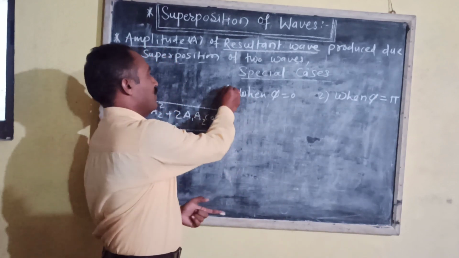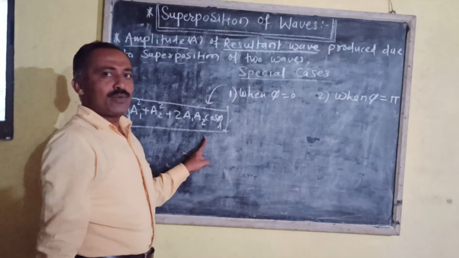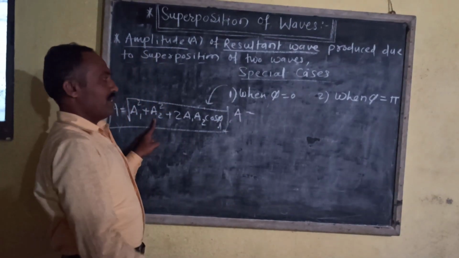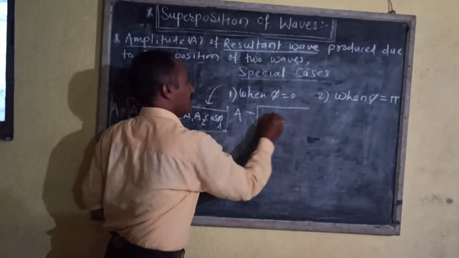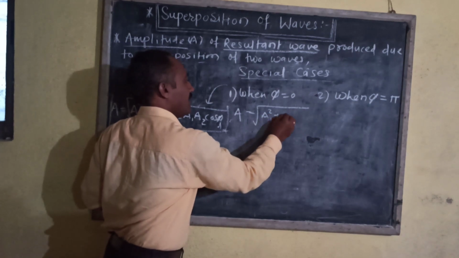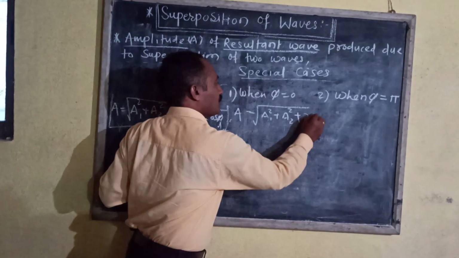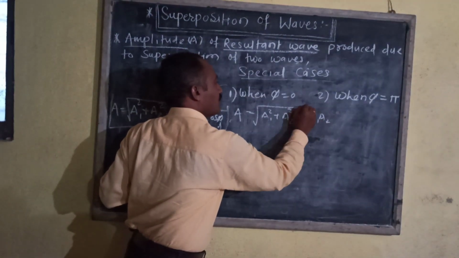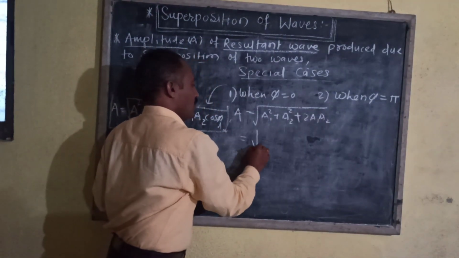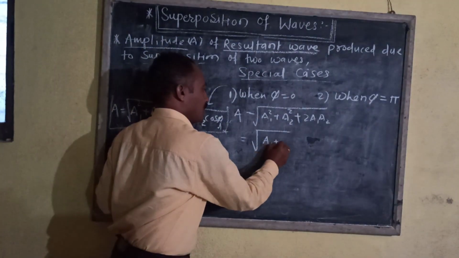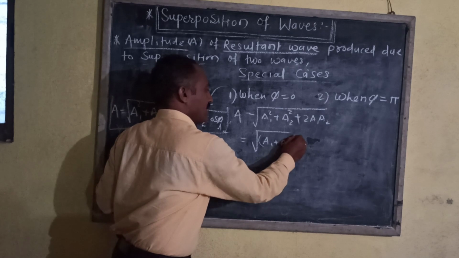Therefore, the amplitude of the resultant wave is given by A is equal to the square root of a1 square plus a2 square plus twice a1 a2. It is equal to the square root of (a1 plus a2) square.